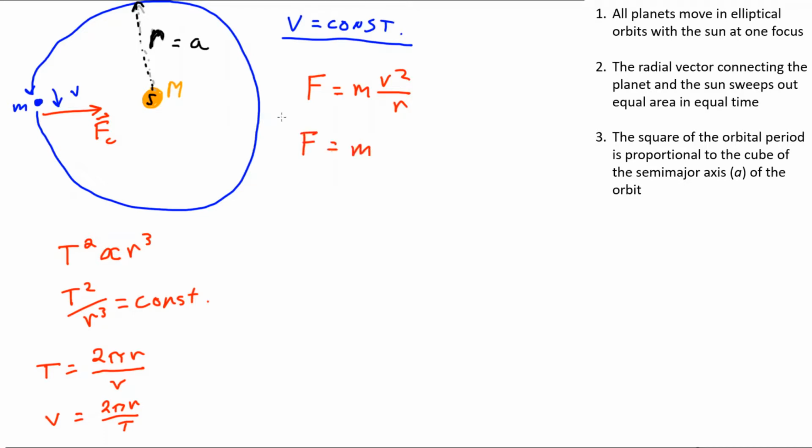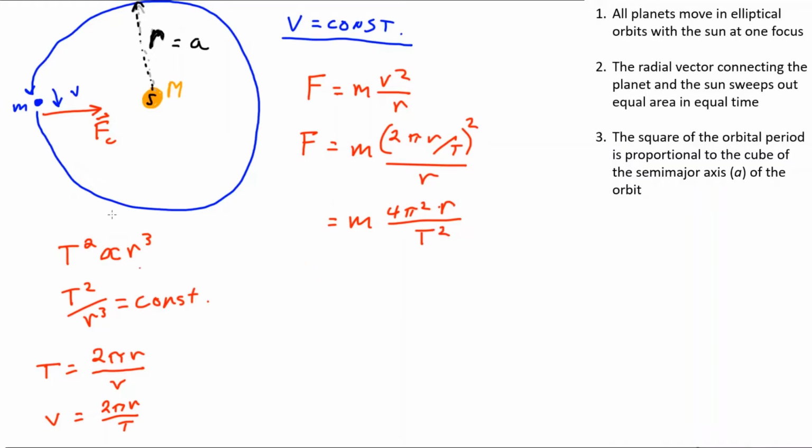This equals m times (2 pi r over T) squared over r. We can write this as m times 4 pi squared r over T squared.